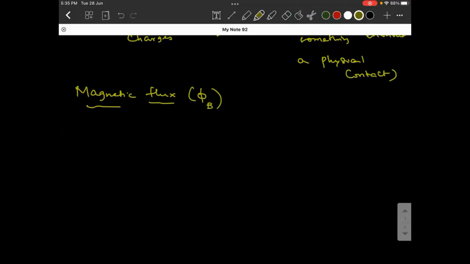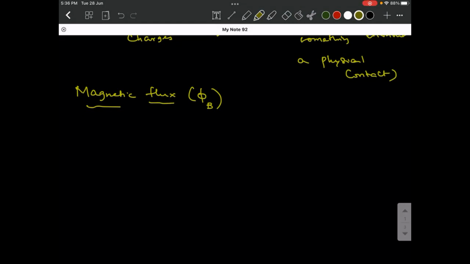You write phi B, with the subscript B. So how do you define magnetic flux? The number of magnetic field lines passing through a given area normal to it.